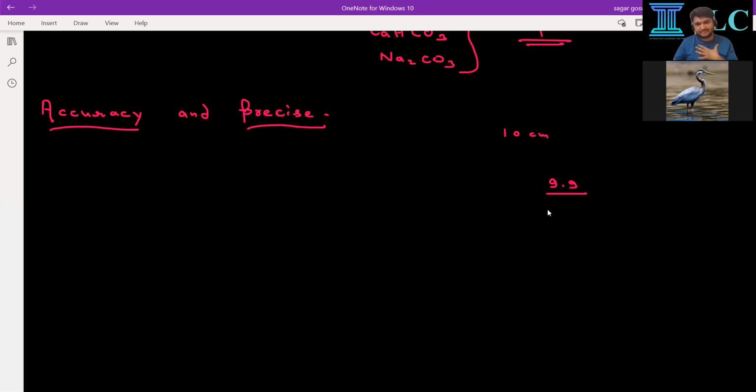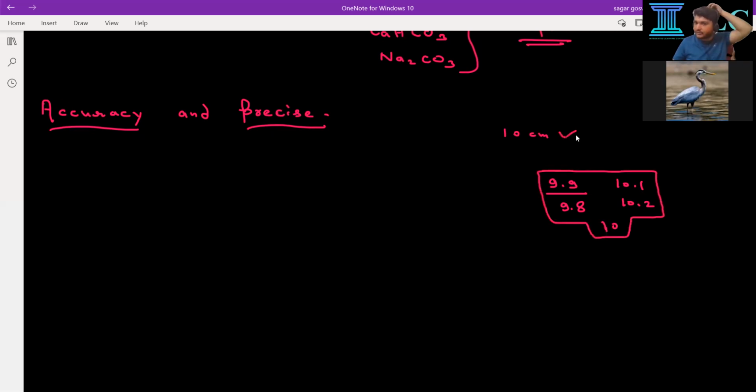Almost accurate. If my second reading is 9.8, I am still accurate. If my third reading is 10.1, I am still accurate. If my reading is 10.2, I am still accurate. And my next reading is 10 only. So I'm very accurate. All these five readings are very close to the true value.